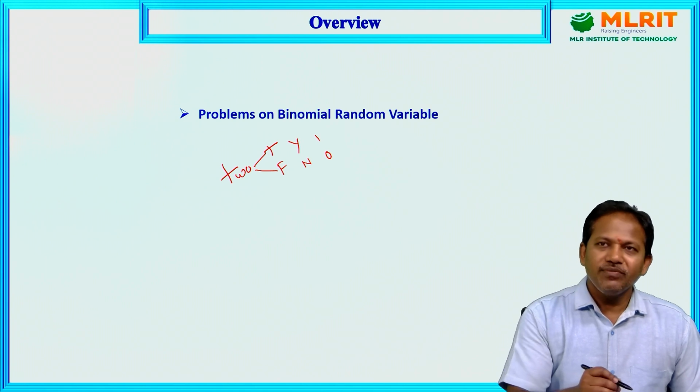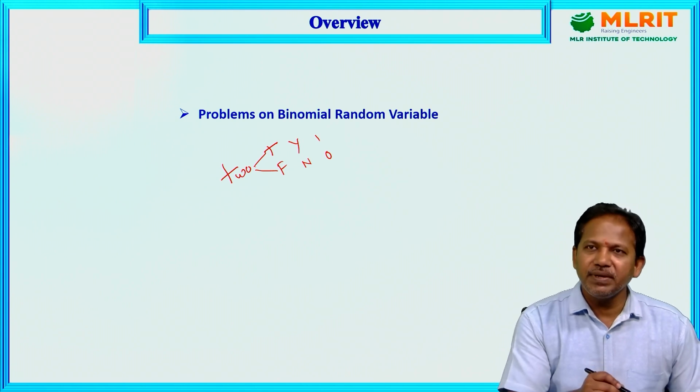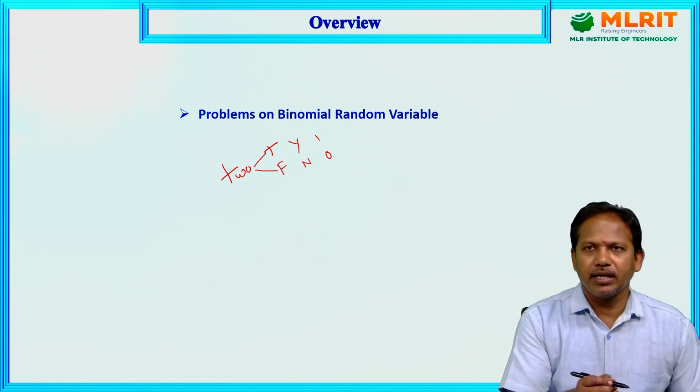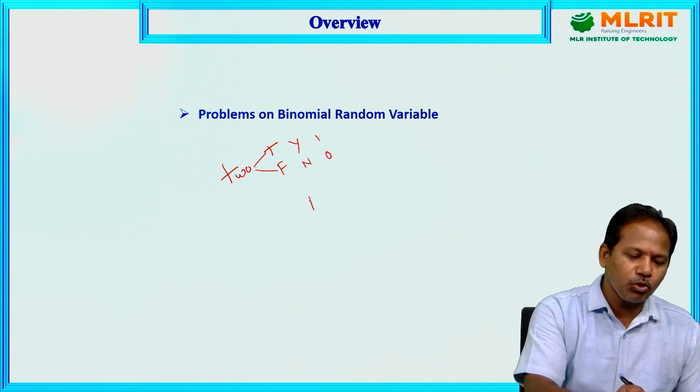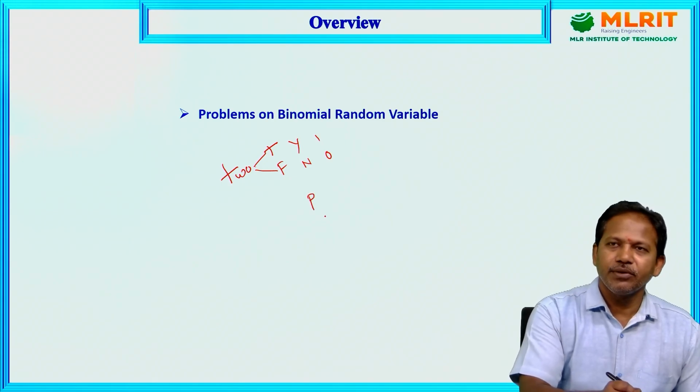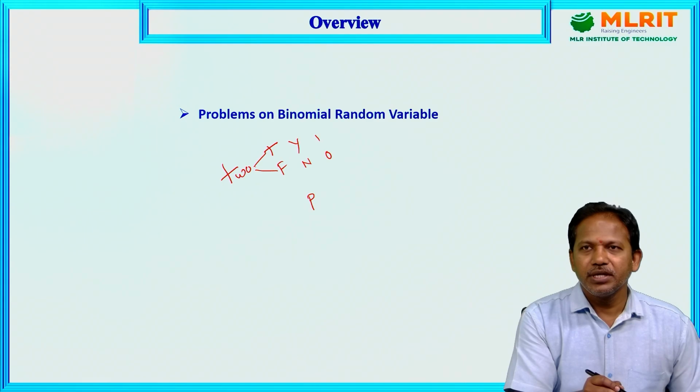Now, if the same experiment is repeated n times, it is called a Bernoulli trial. For example, the success probability of the event is assumed to be p. Then find the probability that event A occurs exactly k times.